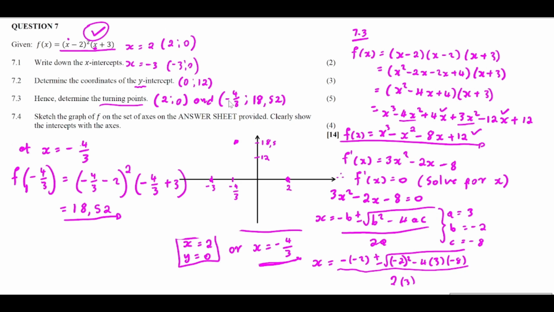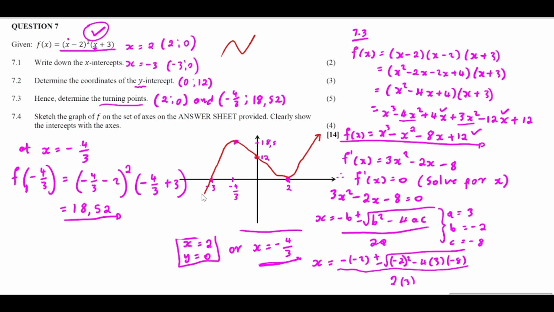Our graph is positive, so I'm expecting it to go upwards first. It cuts at negative 3, goes all the way upwards, reaching the turning point at negative 4 over 3 and 18,5, goes down through 12, which is our y-intercept, and then all the way down to 2. When it gets to 2, it goes up again, a turning point there.